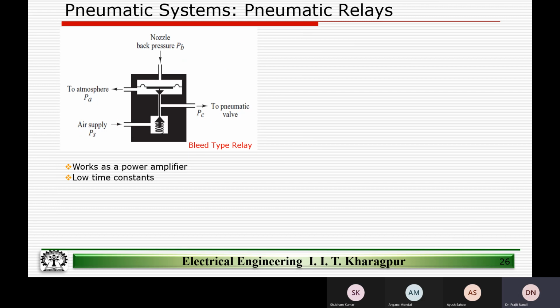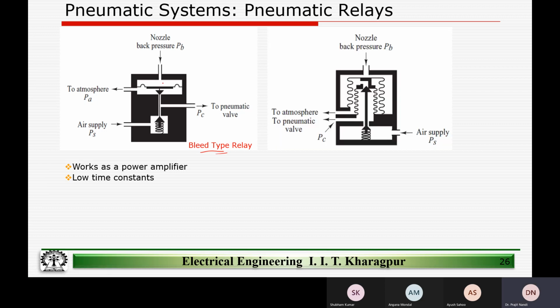One thing: you can see that these are bleed type relays. Why are these bleed type relays? Because the air that we have here constantly bleeds out of the system.